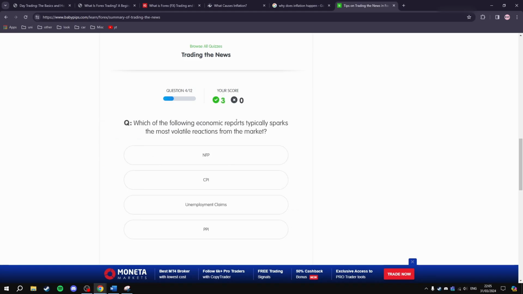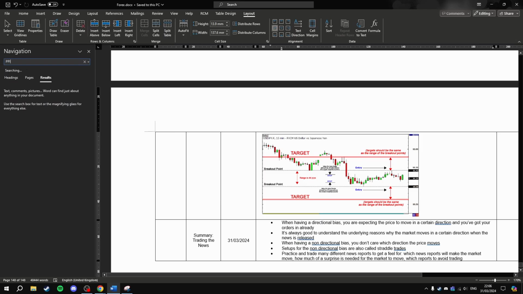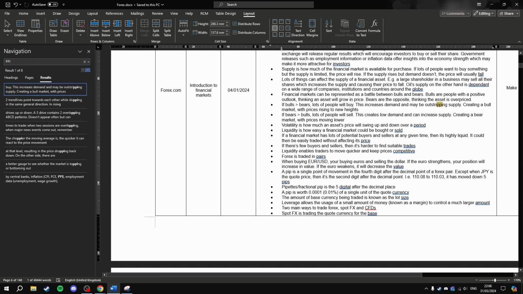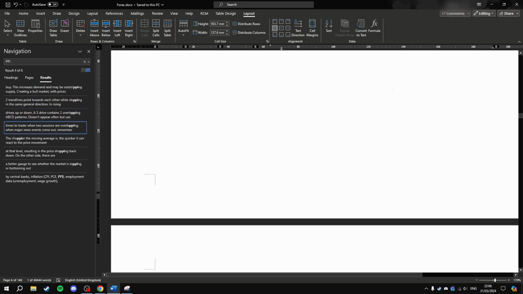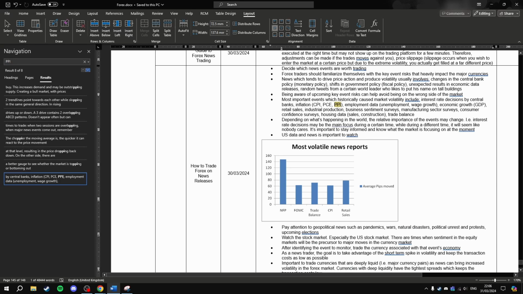Which of the following economic reports typically sparks the most volatile reactions from the markets? NFP stands for that something payroll, doesn't it? CPI, Consumer Price Index, unemployment claims, PPI. What is PPI? I think I saw it before somewhere. Here we go.